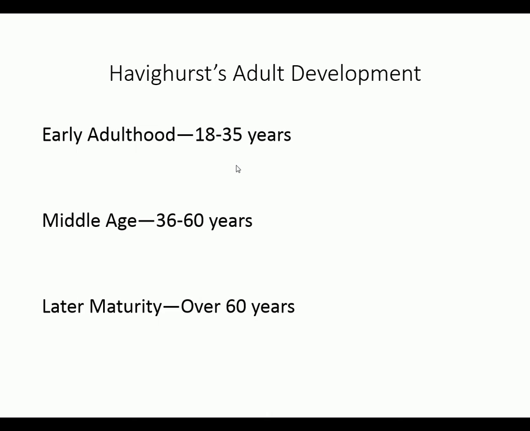The psychological factors that emerge from maturing are values and goals, and they are another source of developmental tasks like self-concept, relationships with your peers, adjusting to your retirement, loss of your loved ones, those types of things.